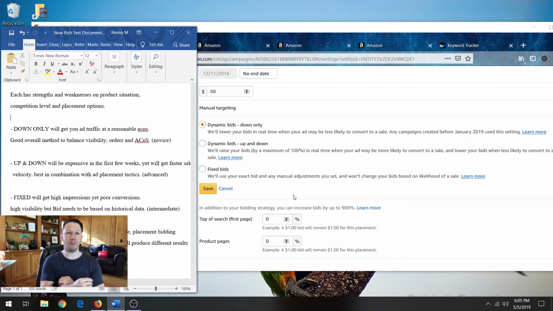Because if you have, let's say, a $20 daily budget and you hit that $20 and the ad stops during the day and you run out, that is not the best optimization for your category or for your product. So what you should do is raise your budget to say $30 or $40, and lower your bid by say 10 cents, okay?